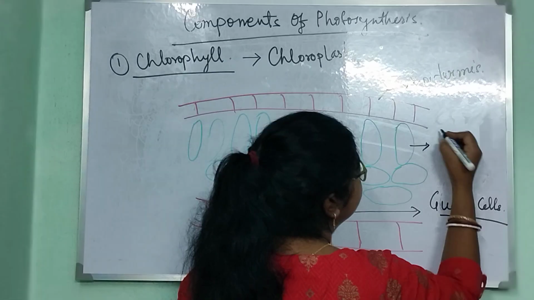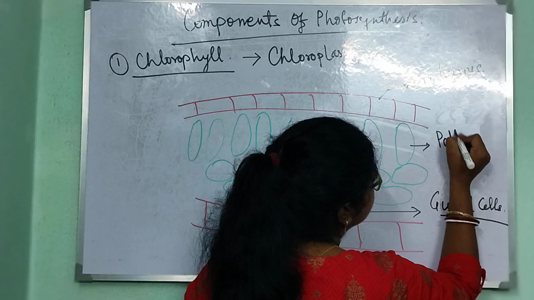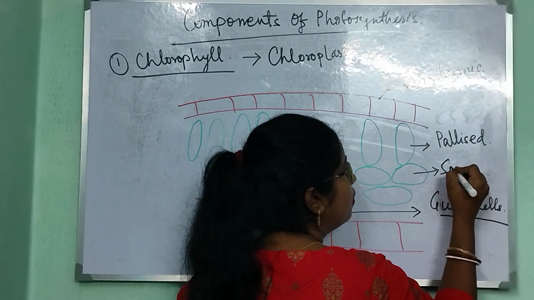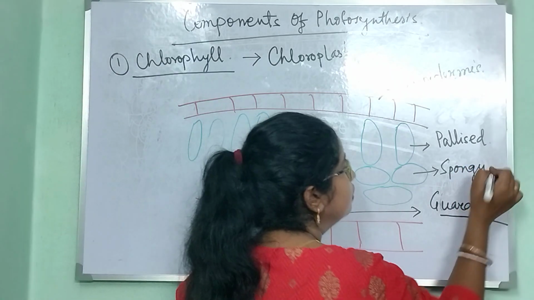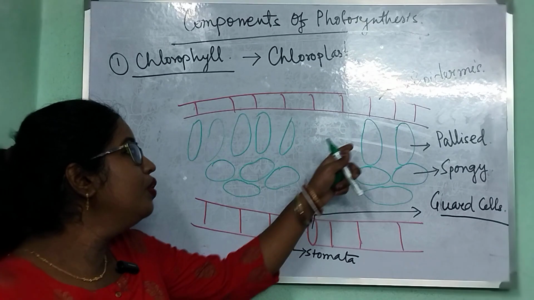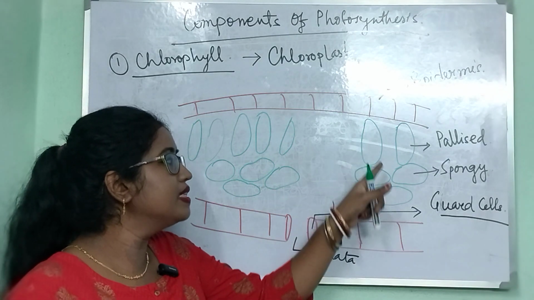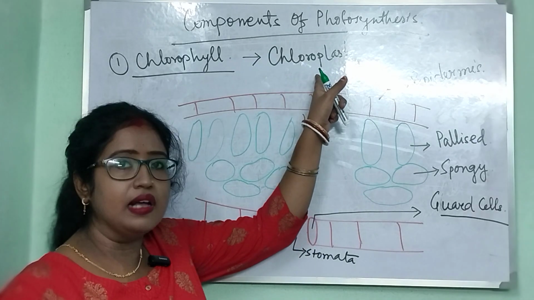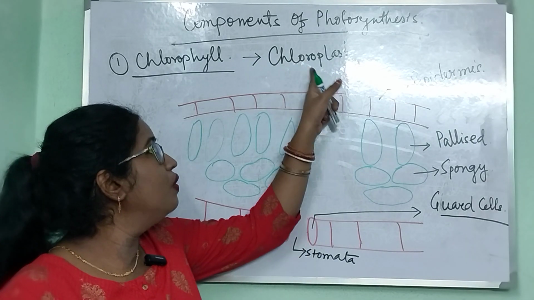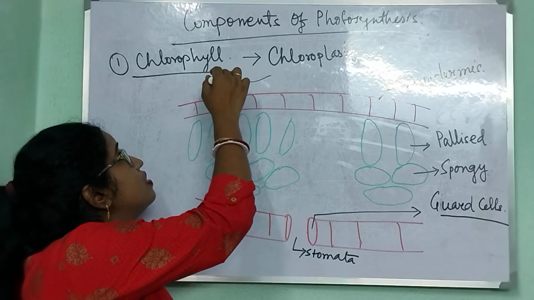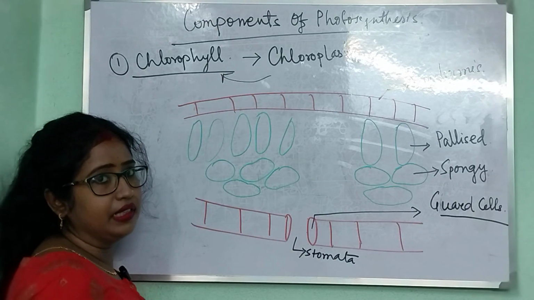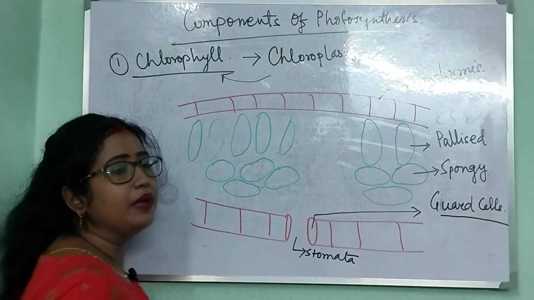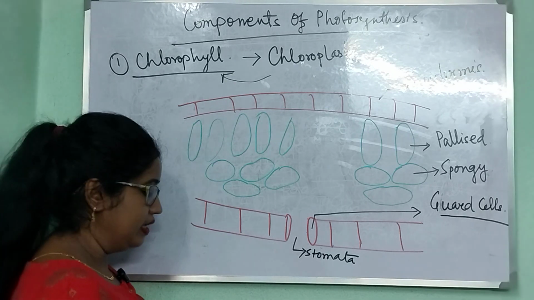So these are palisade, and these are spongy ones. Both the palisade and spongy parenchyma contain chloroplasts, and the chloroplasts have the chlorophyll pigment in them.